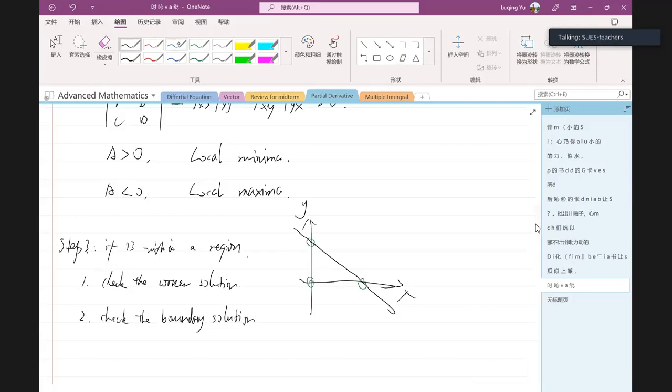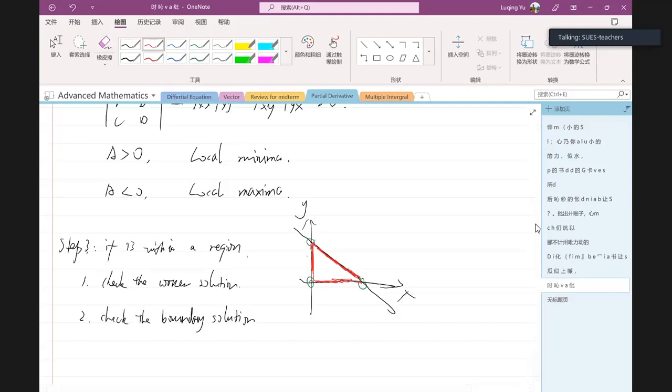What's the meaning of boundary solution? So this is a boundary, and this is a boundary, and also this is a boundary. When you check the boundary solution, you only check the solution on this boundary.